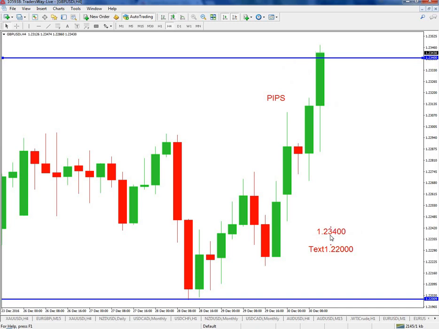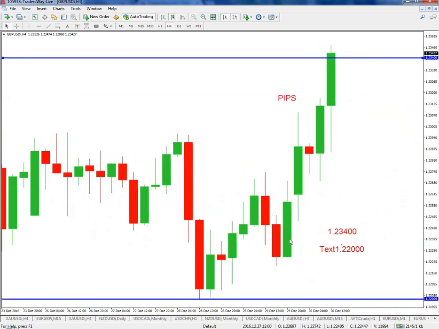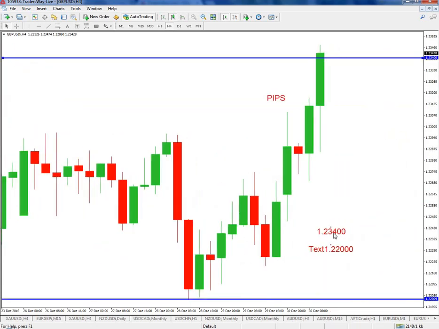that means price went up 2200 to 2300, that's 100 pips, 140 pips.